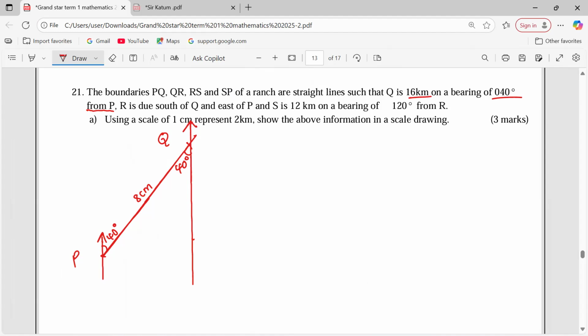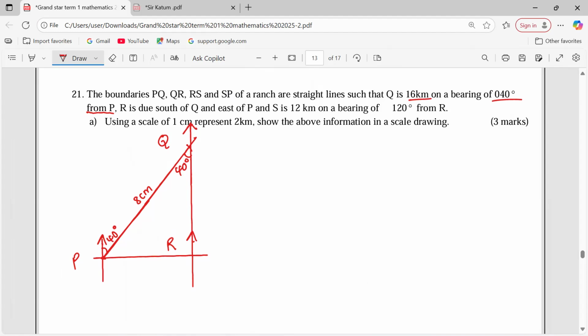It should be very horizontal. Now the intersection of those two instructions gives us our point R. That's our point R, the intersection of south from Q and east from P. So they are intersecting at R.